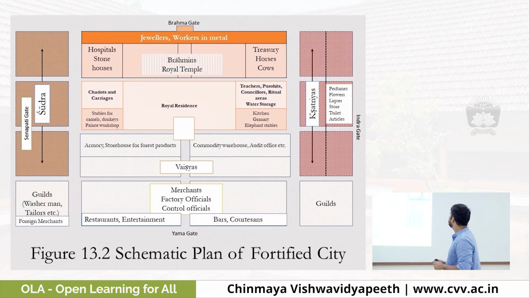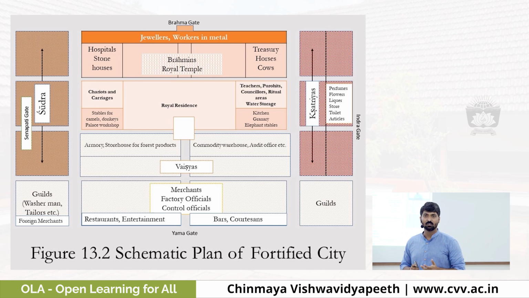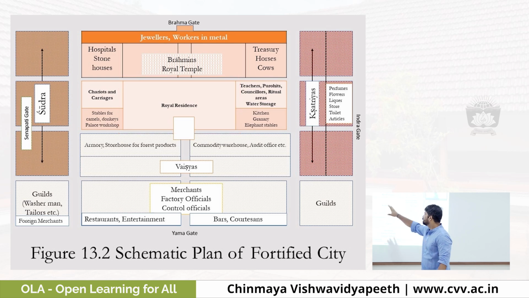What you see here is a plan of a fortified city, and this is straight out of the Artha Shastra of Chanakya, Kautilya, right? So we can just see how it was placed. You have the royal residence right in the middle, and those were the times when Varna Vyavastha was strictly followed.